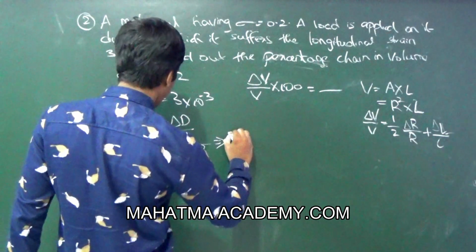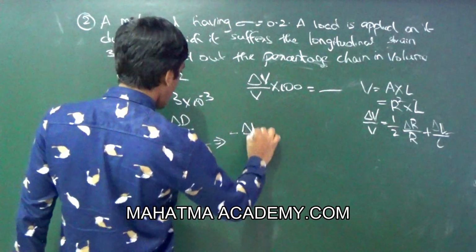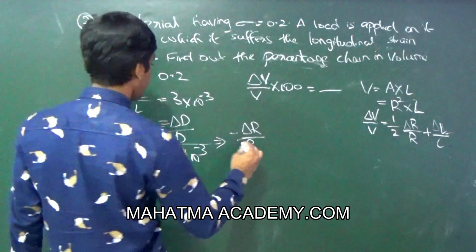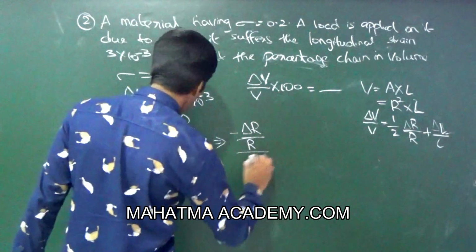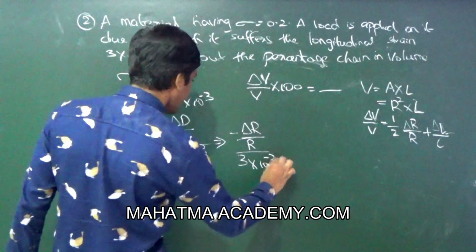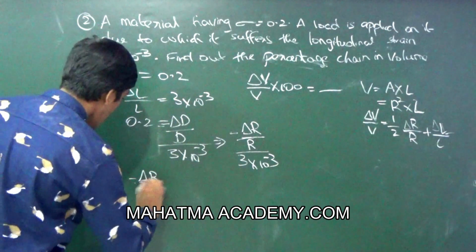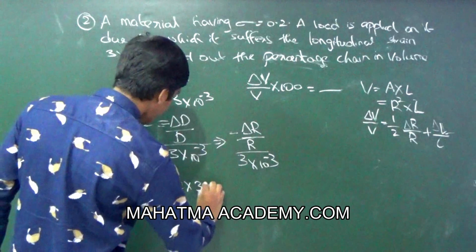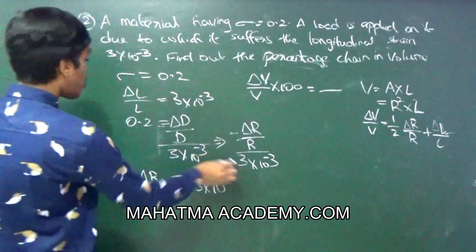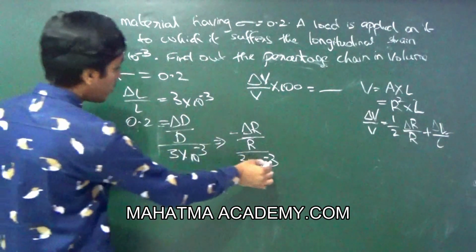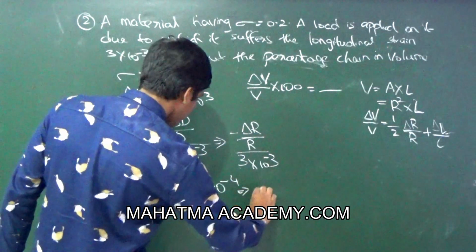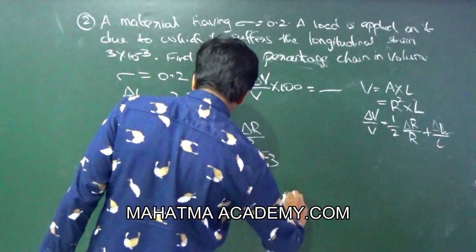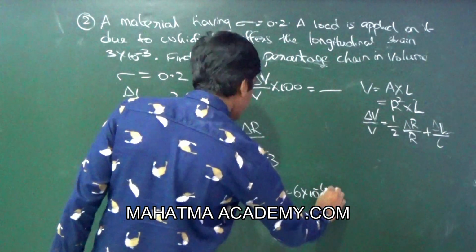So from this, delta R upon R, it is delta D upon D. So minus delta R upon R is equal to 2 into 3 into 10 to the power of minus 1, 10 to the power of minus 4. So it will become delta R by R is equal to 6 into 10 to the power of minus 4.